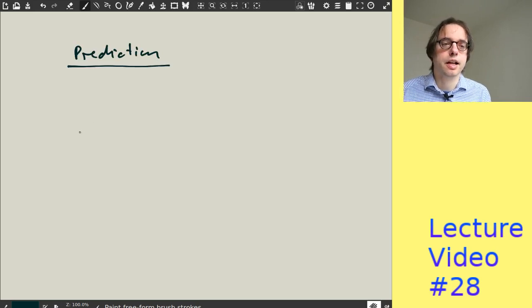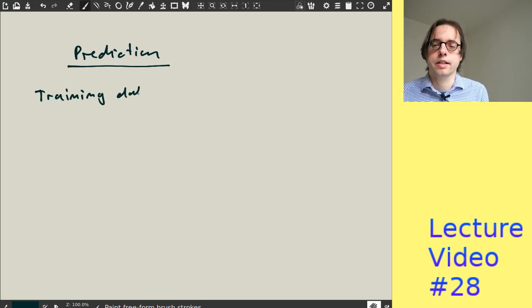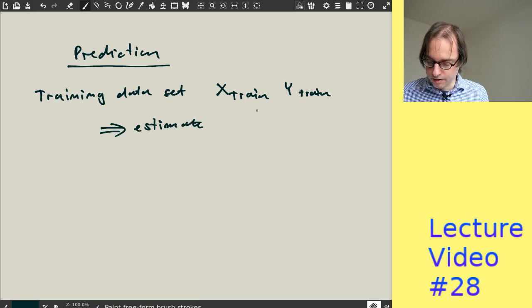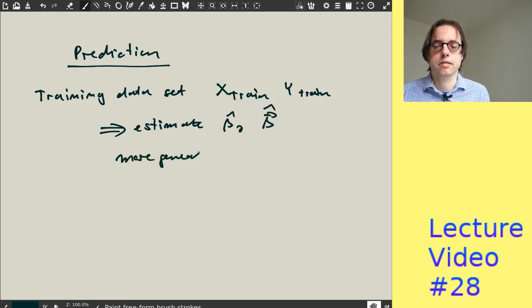So far what I've shown you is that we have a training data set, consisting of X train and Y train, and we used this to estimate our predictor, which was basically estimating beta naught and beta, or more generally estimating our regression function f.